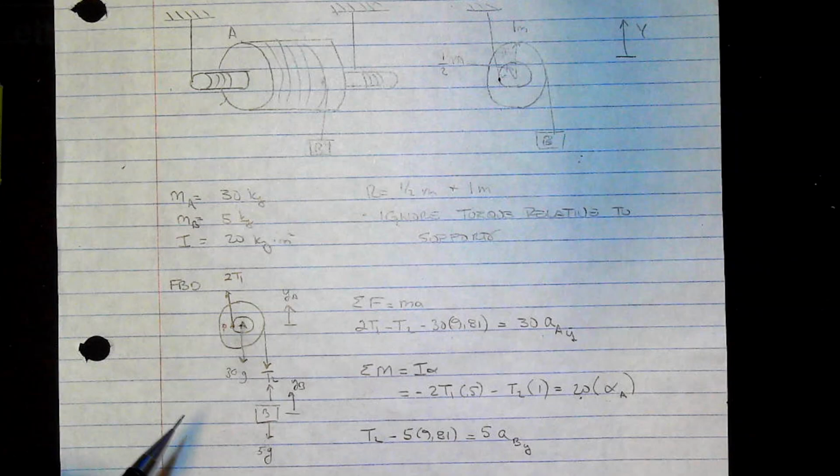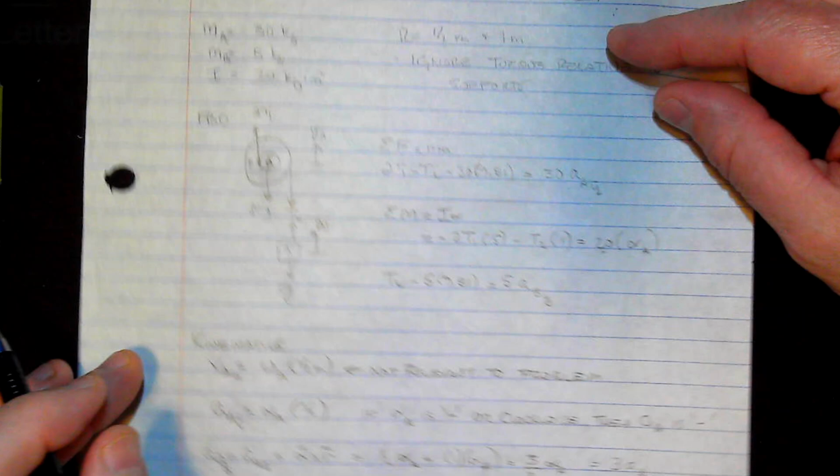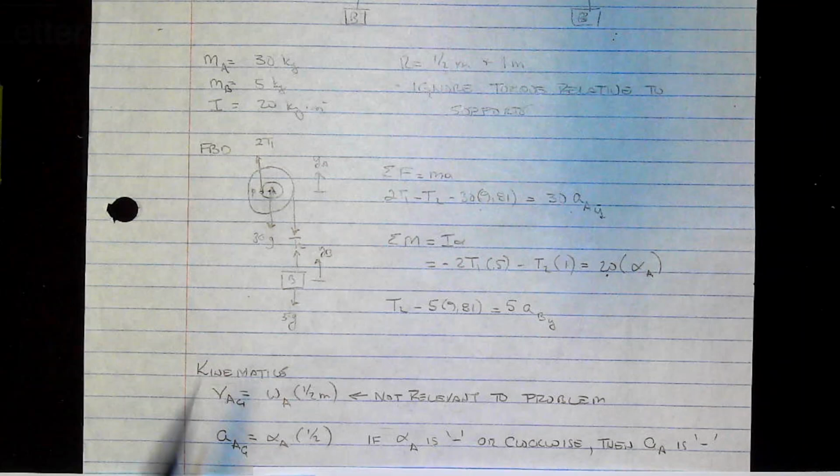If we look at this from the side, there's two ropes holding this up on both sides, so I'll call the ropes on the sides T1. So I have two T1s, two tensions, and I'll let that connect at this point P here. Out of the center of the spool, we have our 30 times G for the weight of the spool.